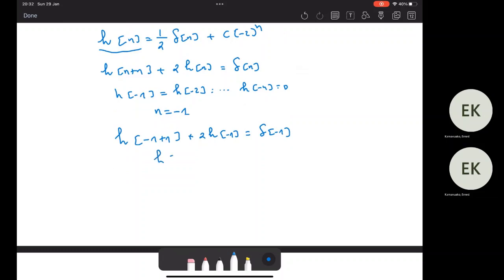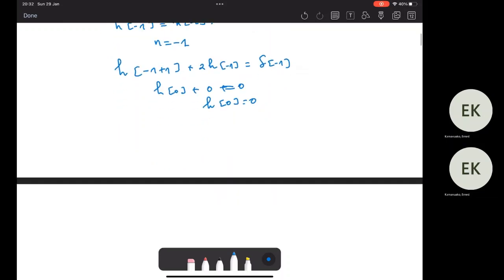So we have h[0] plus 0 equal to 0. That means h[0], the initial condition, is equal to 0.